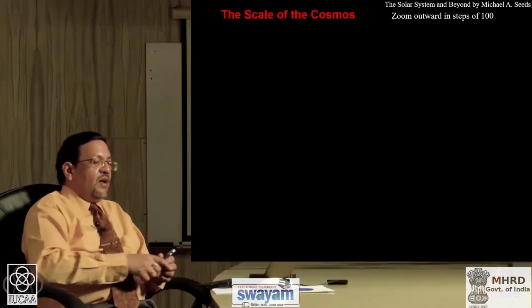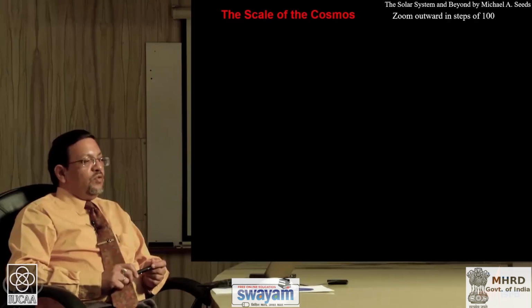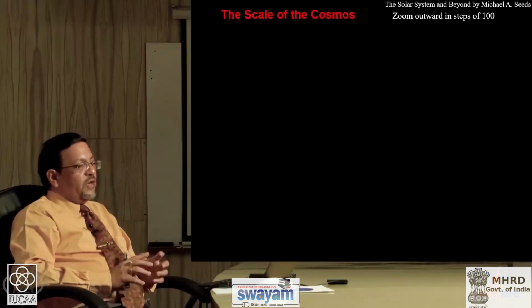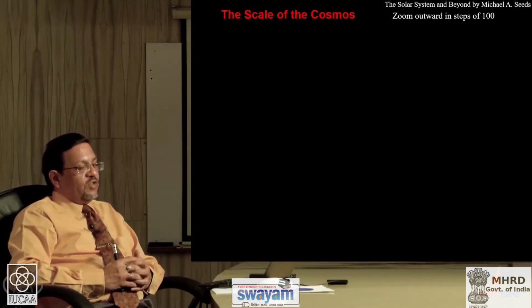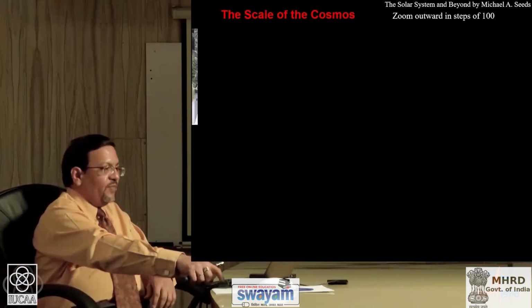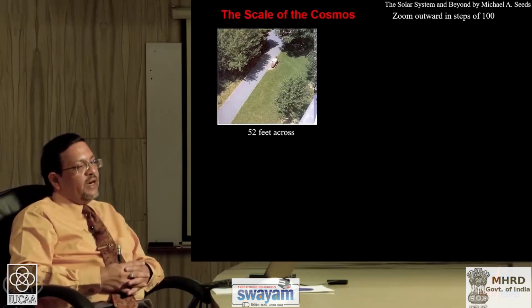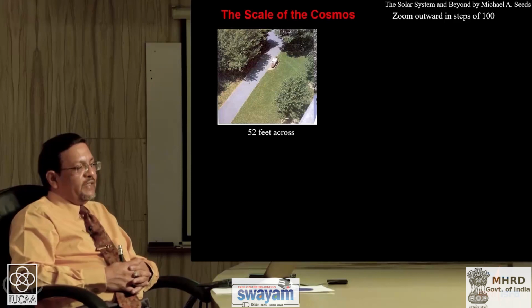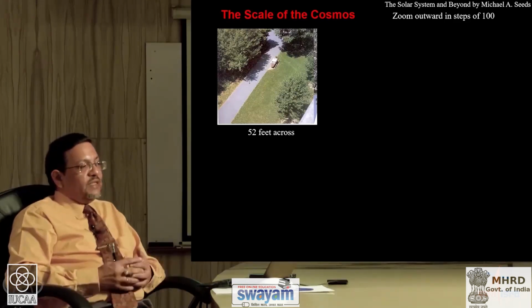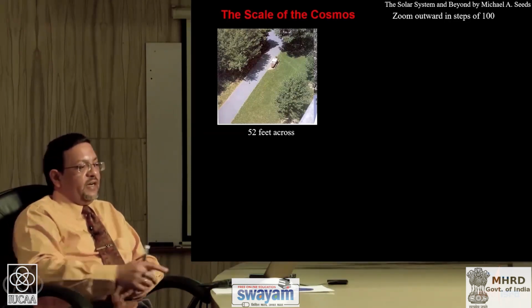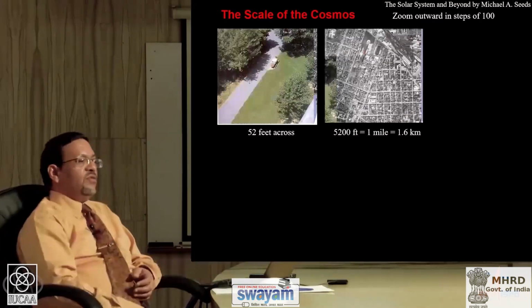Now, here I am going to run through to you to tell about the dimensions in our cosmos, starting with dimensions in our neighborhood, where you can see a small garden, a road in between, and a bench on which a lady is sitting. If I zoom this picture by a factor of 100, this is what you look.